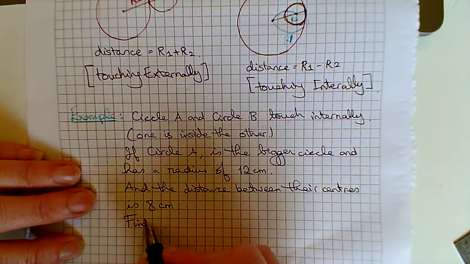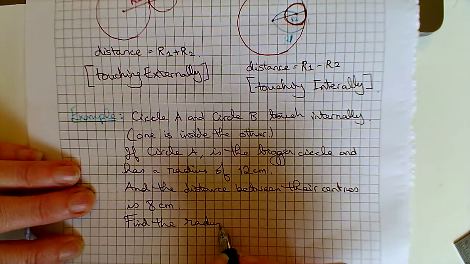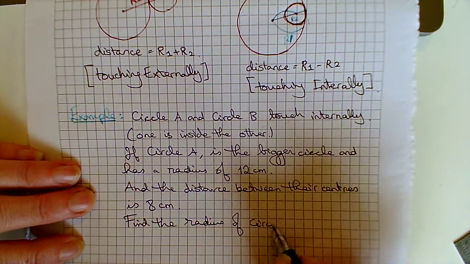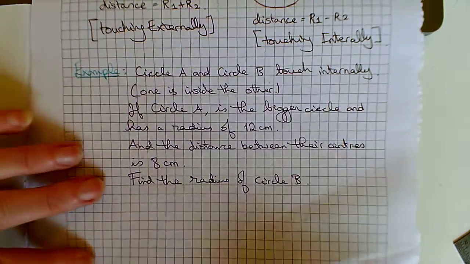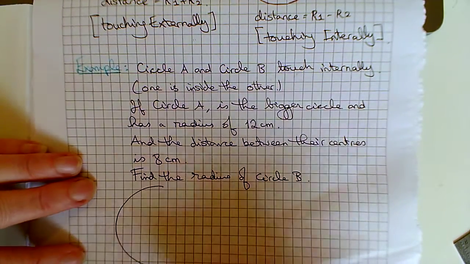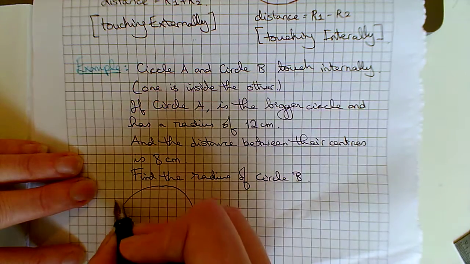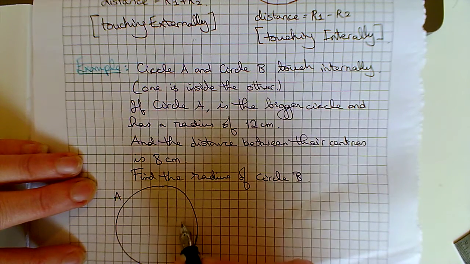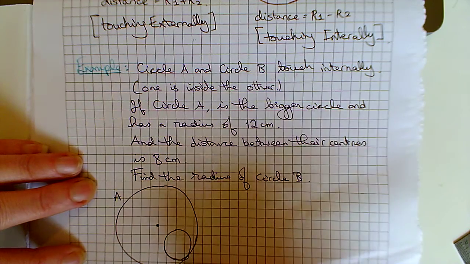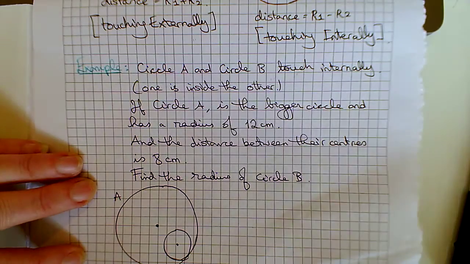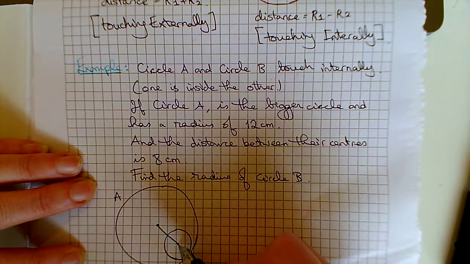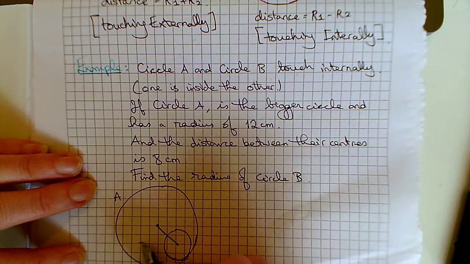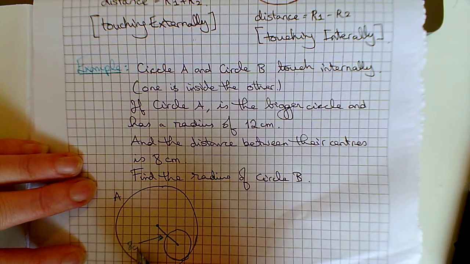Find the radius of circle B. So we might draw a sketch to help us visualize this. We've got a big circle like this, and that's circle A. We have a little circle inside it, like so. And what they've told us is that the distance between their centers, the distance there, is 8 centimeters.